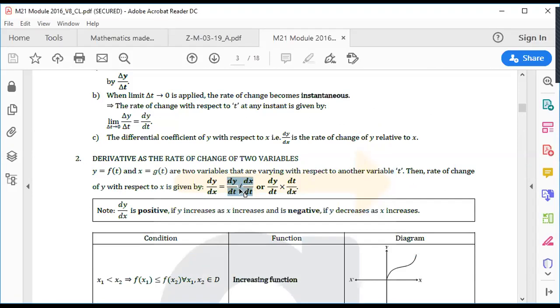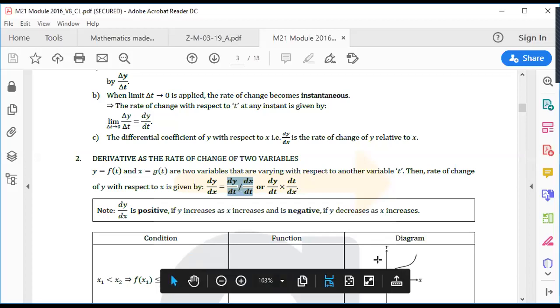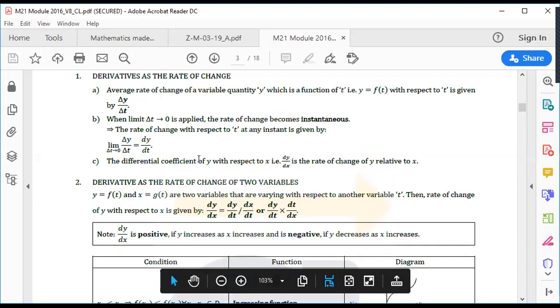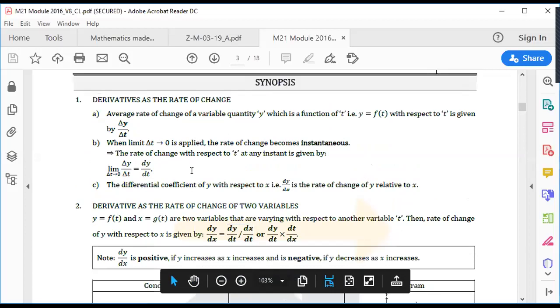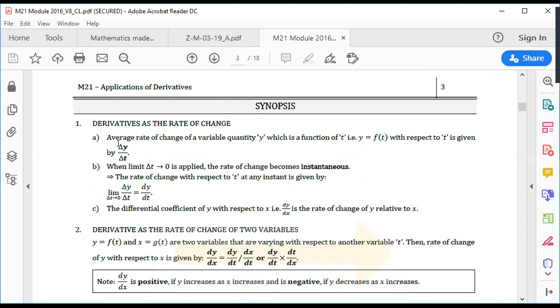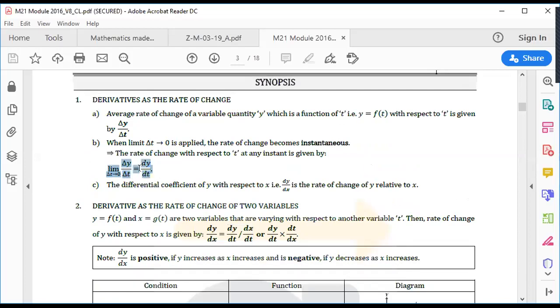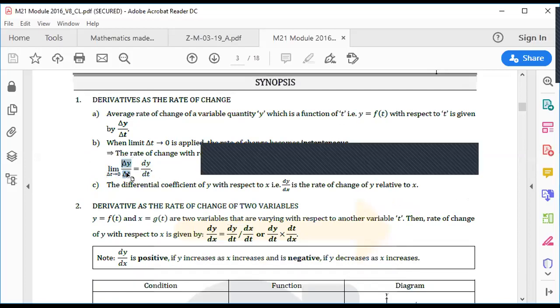Right. At that time I have shown you that for a moment you can consider them as separate, dy by dt, dx by dt, so that dt dt can be cancelled out. And I have told you that why we are considering them as separate for a moment? Because of this reason only, because limit delta t tends to 0, delta y by delta t, here delta y and delta t are separate, students, right? Understand this carefully.